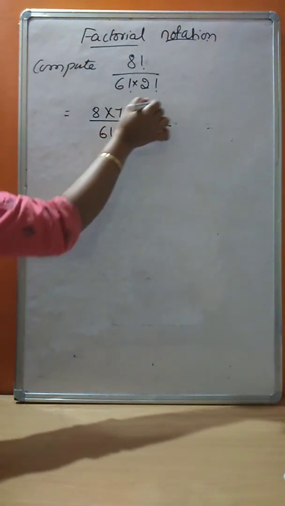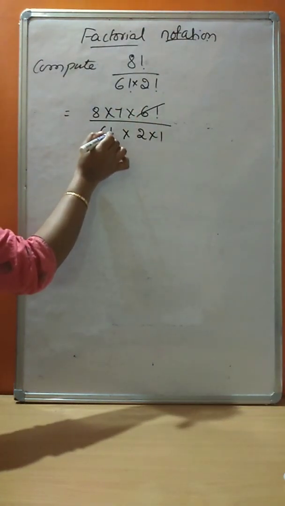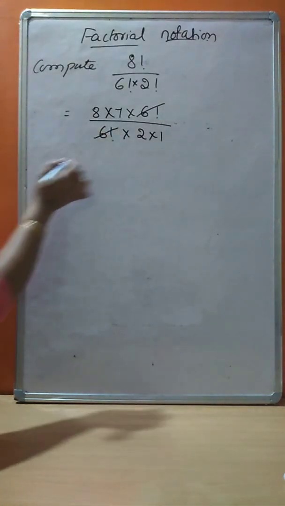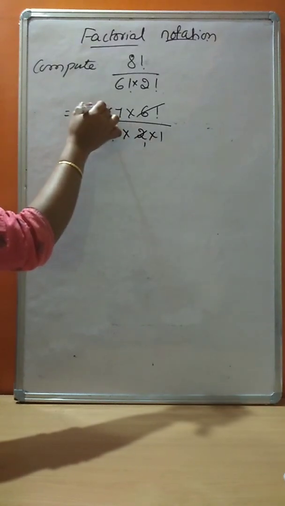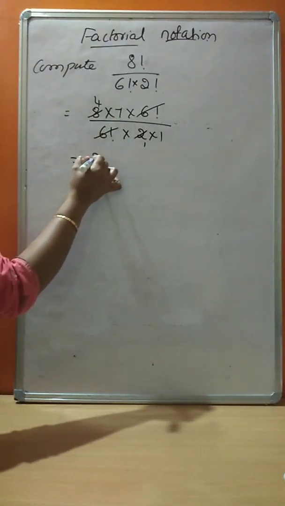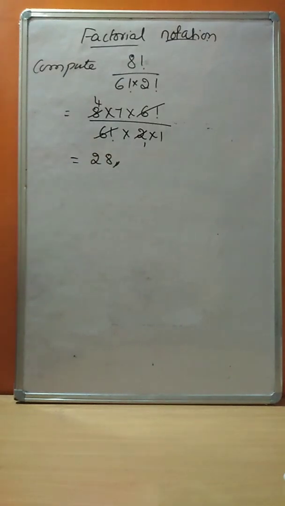Now observe, the numerator also contains 6 factorial, and the denominator also contains 6 factorial. They get cancelled. So here 2 ones are 2, and 2 fours are 8. What is the value of 7 fours? 28. Okay, 7 fours are 28.